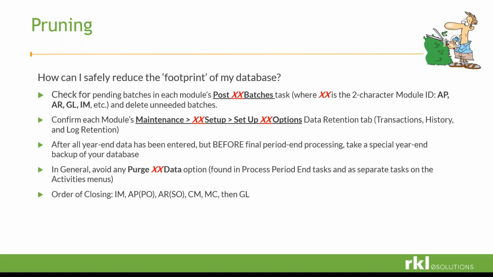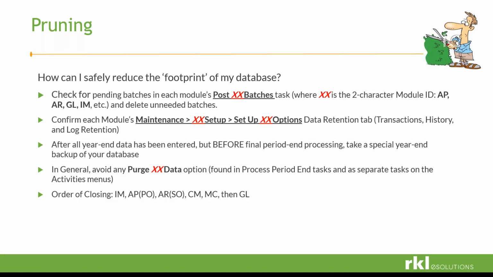I'm going a little bit out of order from the bullet points here, but just a note, you probably already know this, but within Sage 500, it's generally recommended that you perform closings in this order. So you would start with the inventory module before closing out the accounts payable module.